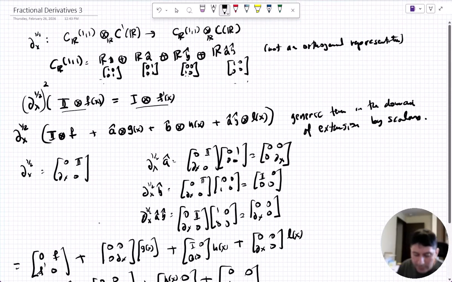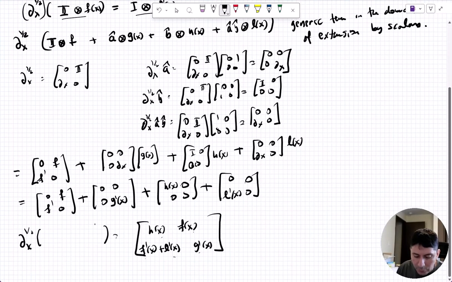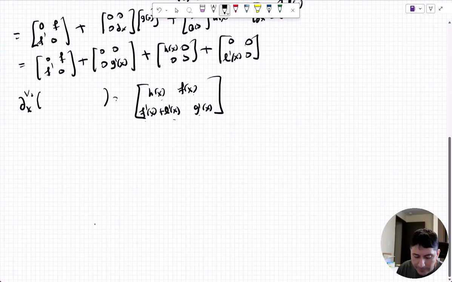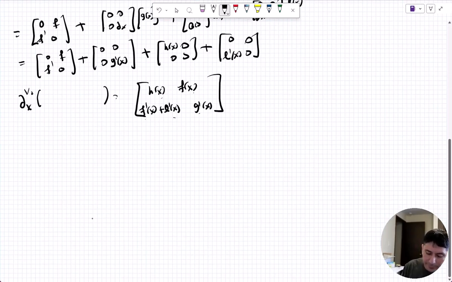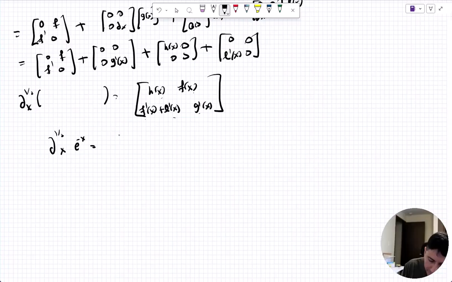Now let's consider what happens when we do e to the minus x, right? The fractional derivative of e to the minus x is given by e to the minus x minus e to the minus x 0, right? Which is equal to, I can pull out the e to the minus x, and I get 0 minus 1, 1.